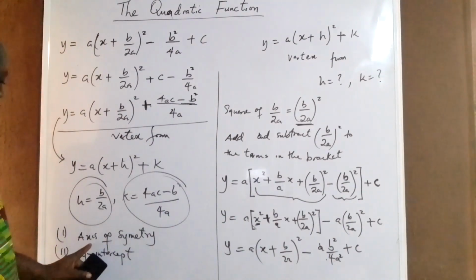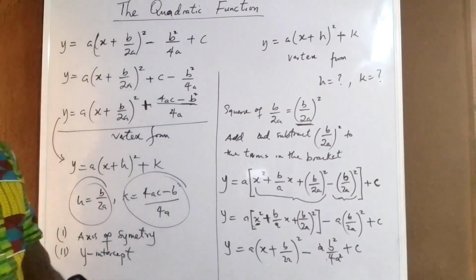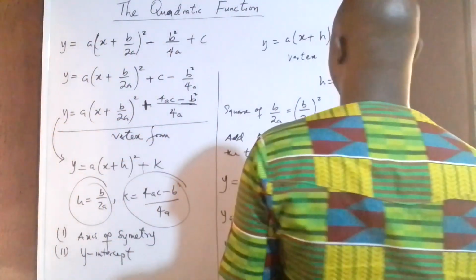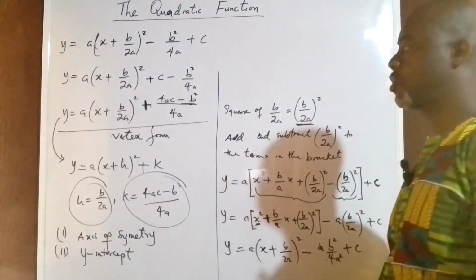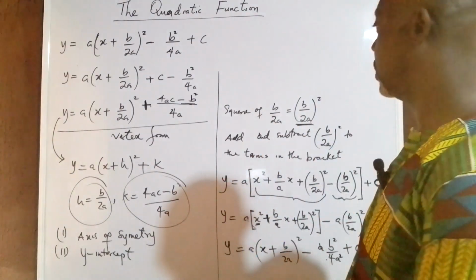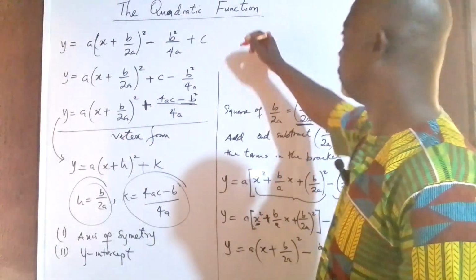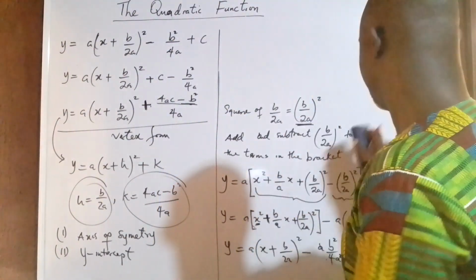How do we find the axis of symmetry and the y-intercept from the vertex form? So I'll just come back here. Come over to this end here. Please, I want you to follow me.